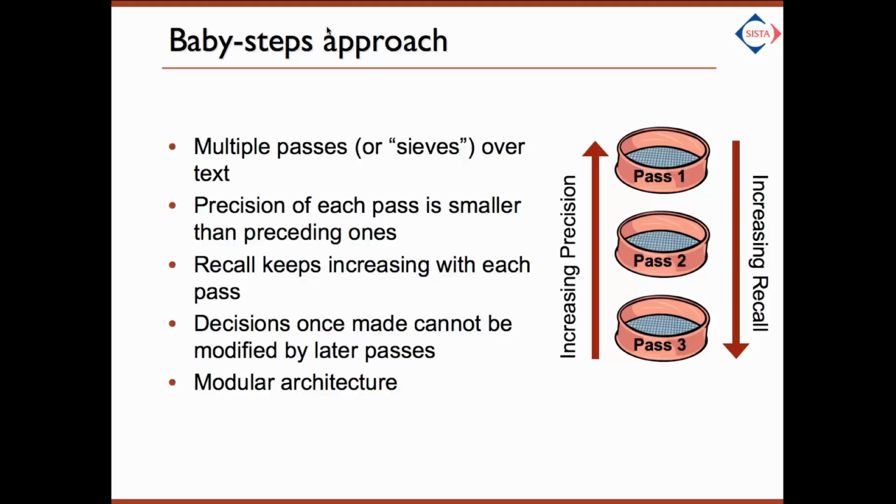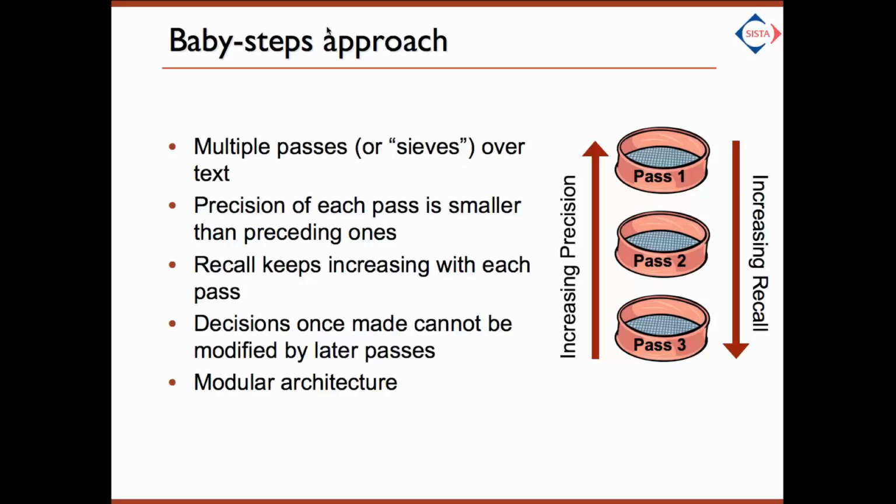So this is the highest precision, the ones we're most confident about, and this has the lowest precision but highest recall, which means they have better coverage. This is a very simple system, so once you pass with a set of rules over the text, you cannot modify it. You trust each layer completely once you get it. It's very simple, and it's modular. In fact, it's very easy to add your own module in here, and that's what two groups did in 2012.